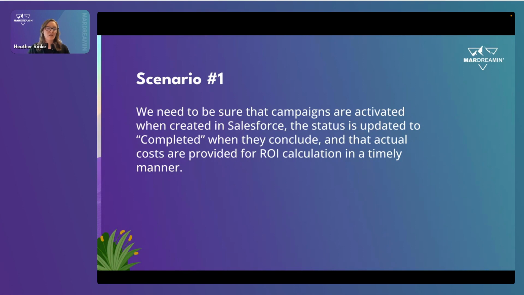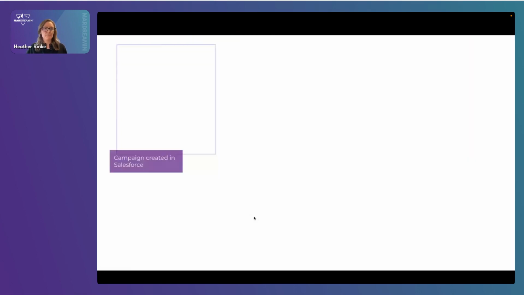The status should be updated to completed when the campaign wraps up, and we also want to make sure that the actual costs are entered, so that we're able to track ROI, and we want to do that in a timely manner. The tools we can use for this are a record triggered flow, and a feature of record triggered flow called scheduled paths to make this happen.